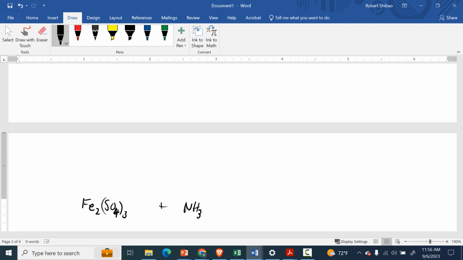Aqueous ammonia participates in metathesis reactions. Strong bases hydrolyze water completely. However, weak bases weakly hydrolyze.